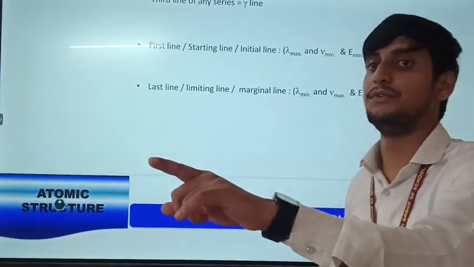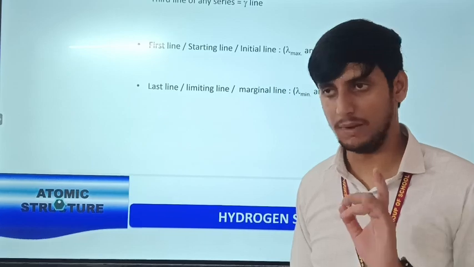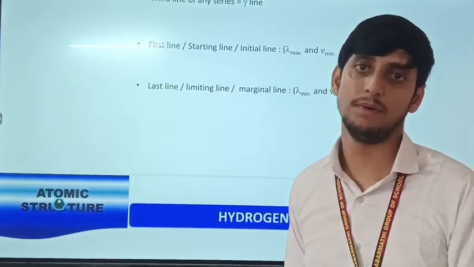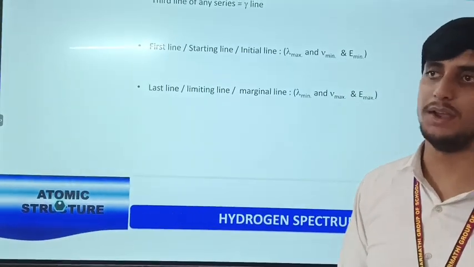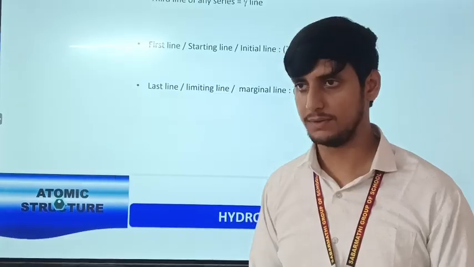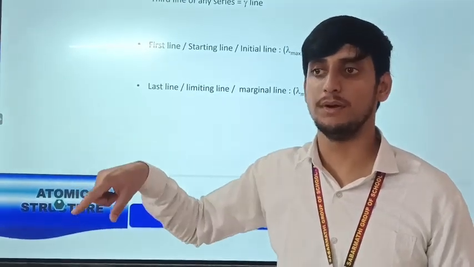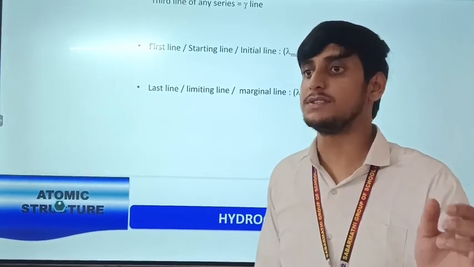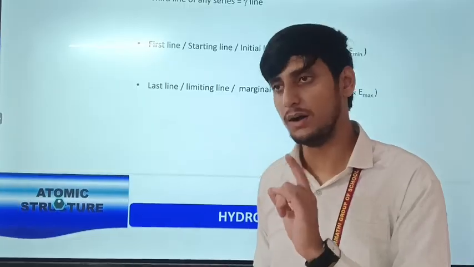Okay now, if wavelength is maximum, then frequency is minimum and energy is minimum, because you know the energy formula is E equal to h nu. Now, h nu equals h c upon lambda, which means energy is directly proportional to the frequency and inversely proportional to the wavelength.